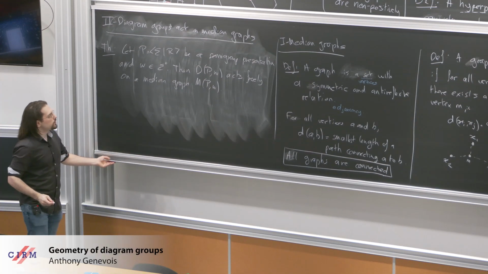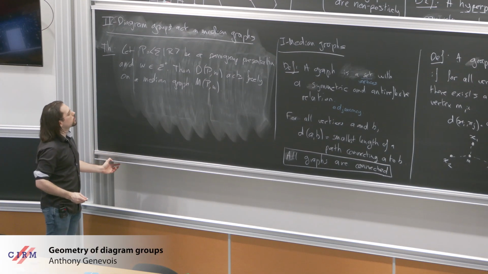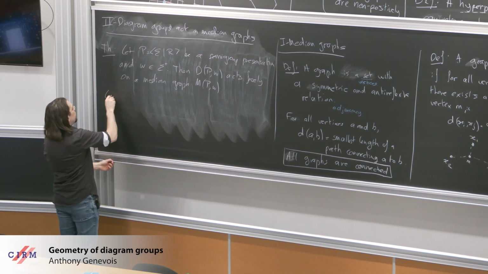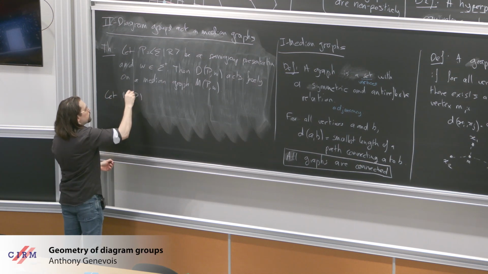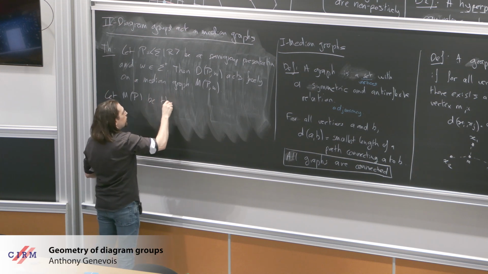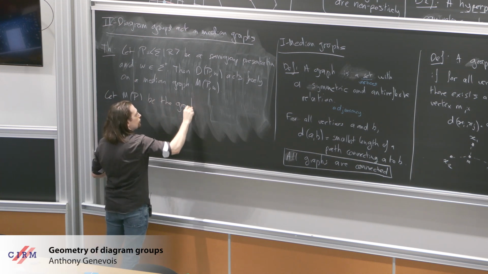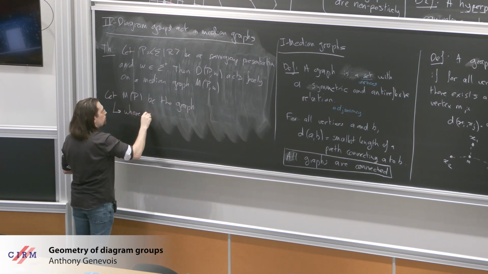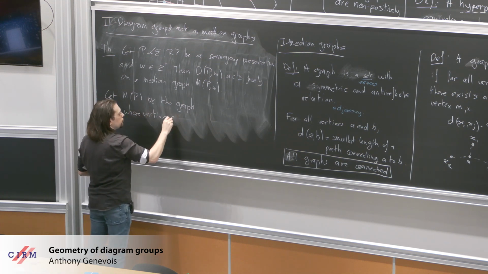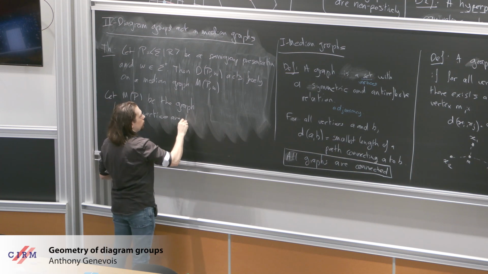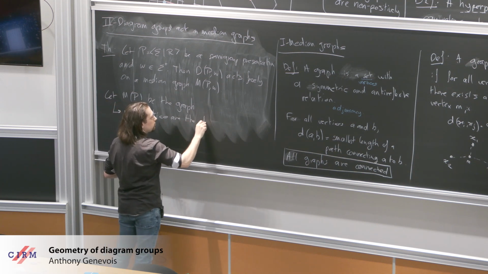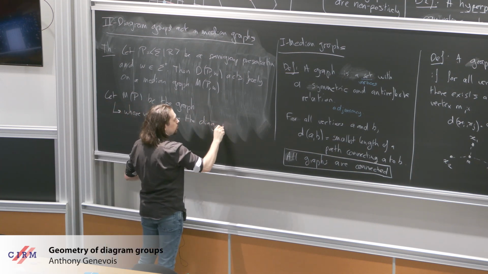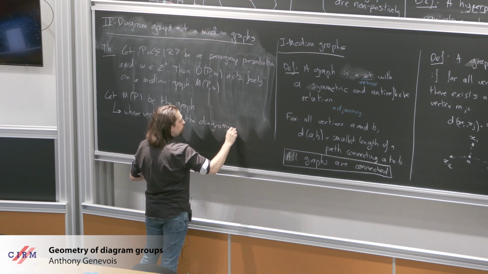So, before defining M(P, W), I will define M(P). So, let M(P) be the graph whose vertices are the diagrams up to dipole reduction.